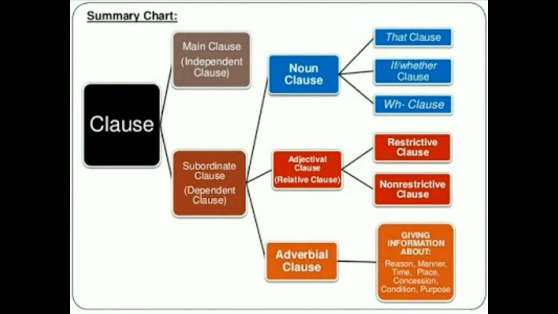Let's see this chart. Clause is divided into two, main clause and dependent clause. Dependent clause is divided into three. First, noun clause. It includes that clause, if or whether clause, and wh-clauses like what, where, which.